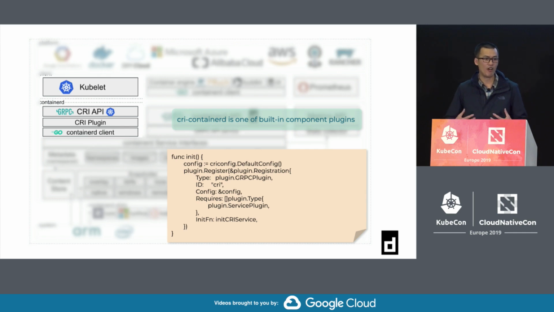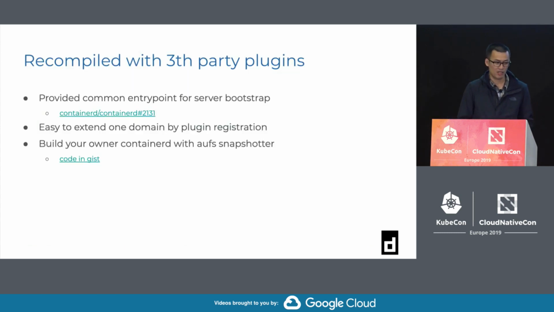But outside of the code base, how can we integrate Kubernetes with third-party plugins, such as the snapshot plugin and the runtime plugin? Kubernetes provides two solutions here. The first one: you can build your own Kubernetes binaries. Kubernetes provides a common entry point to set up a server by a Golang package.